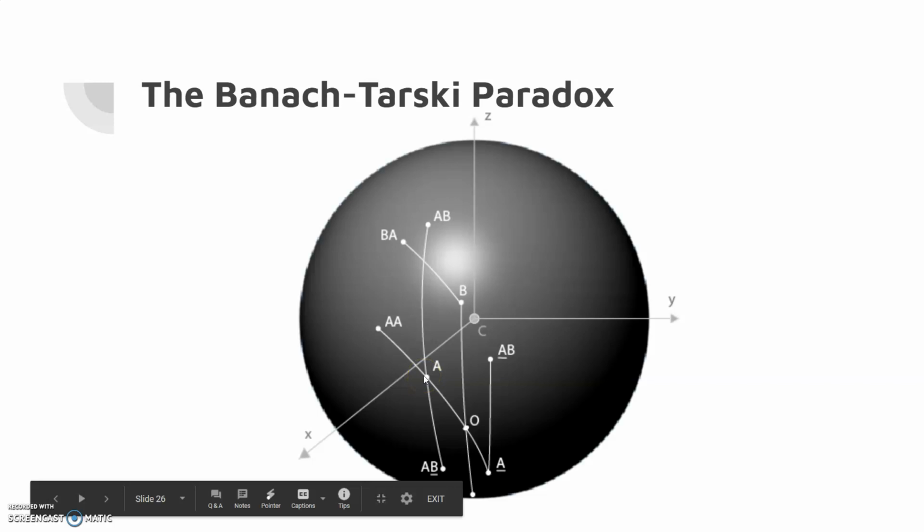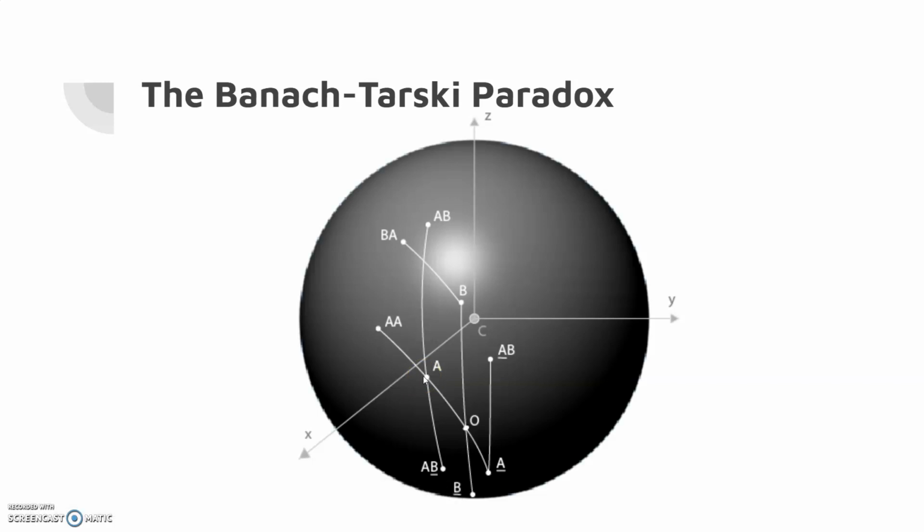We can still separate it into 5 volumes. And we know how to duplicate all of these, so we just essentially do it. And we've now duplicated and gotten 2 spheres from our original one.